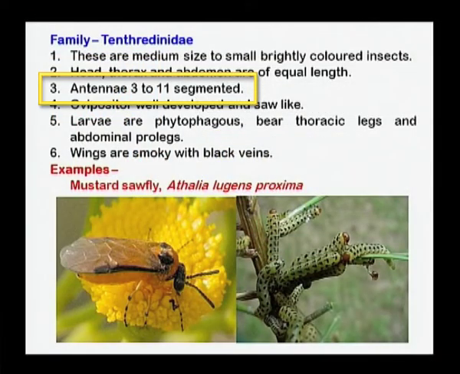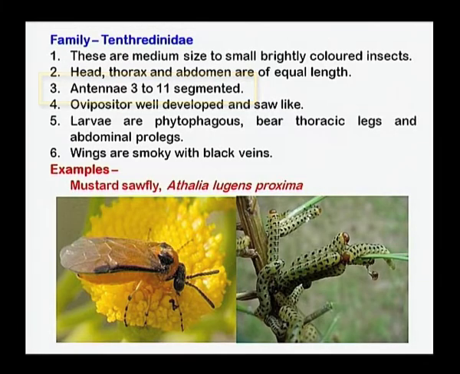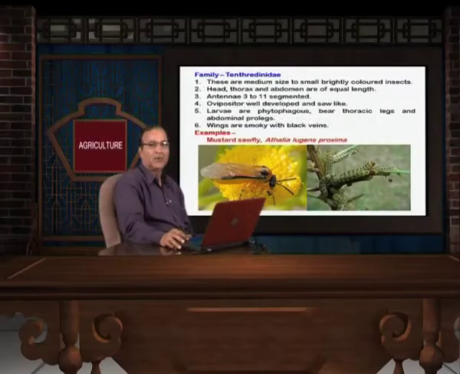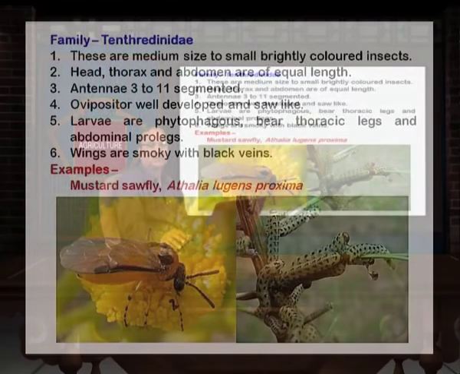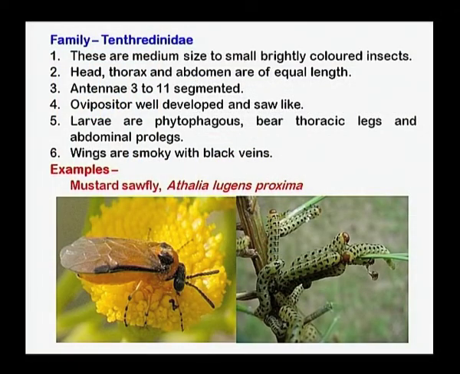Antennae are 3 to 11 segmented. Here the ovipositor, an egg-laying apparatus made up of 3 pairs of valves, is well developed, and the shape of the ovipositor is saw-like.